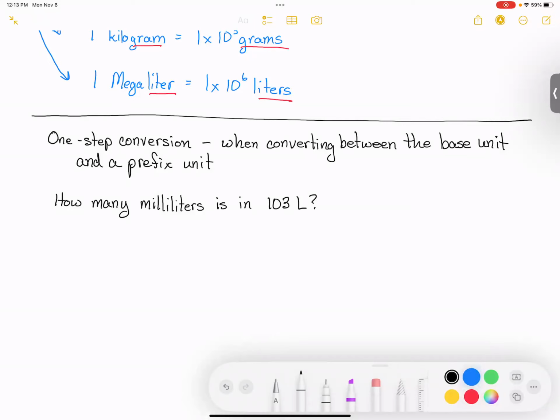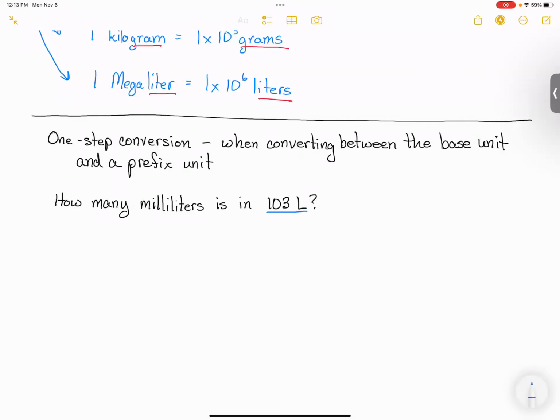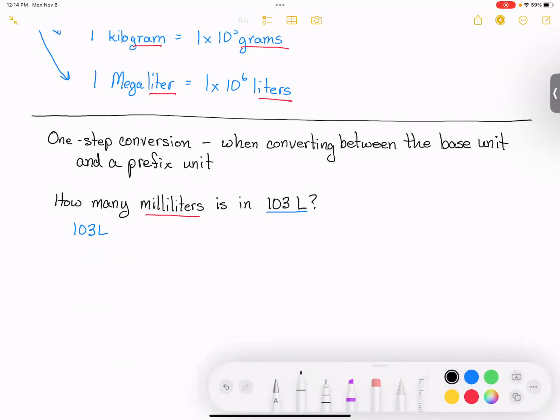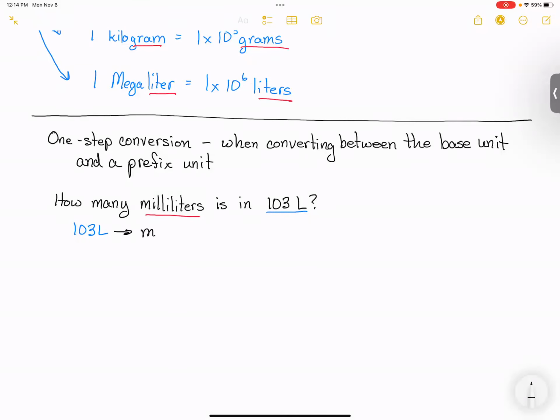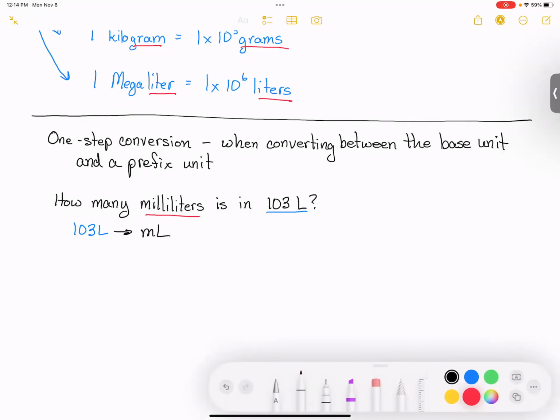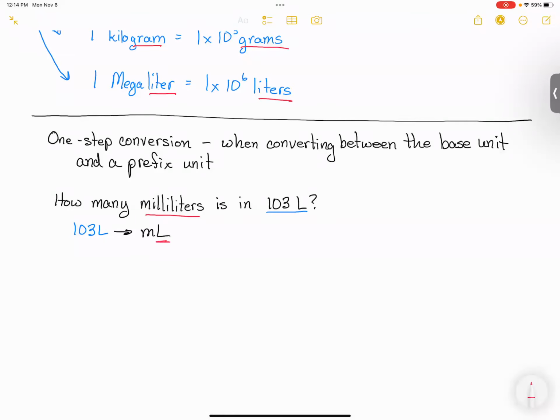Just like before, we're going to start with what we were given. We were given 103 liters. We're going to identify what we want. We want milliliters. They both have the term liter in common. So unit in common means metric.